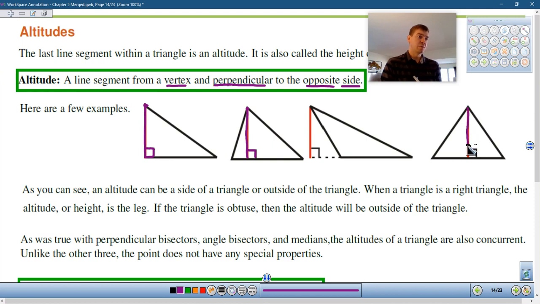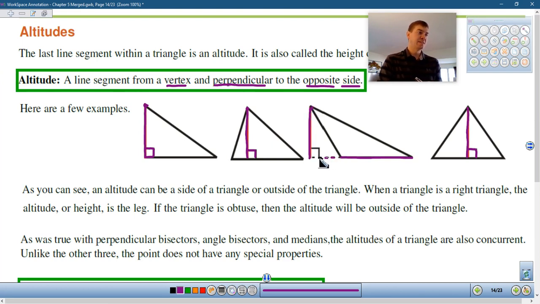Whereas this one, because this triangle appears to be isosceles, it will act as not only the perpendicular bisector of this side, it will also be the angle bisector. It will also be a median. So sometimes one of our segments could be multiple. But this last one is the most interesting. Even though the base of the triangle is here, the altitude needs to drop perpendicular to that side.